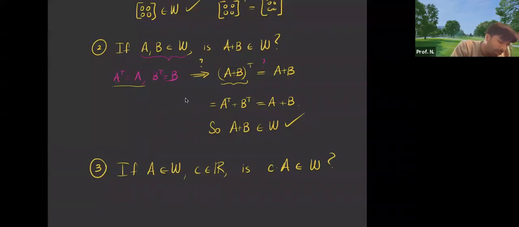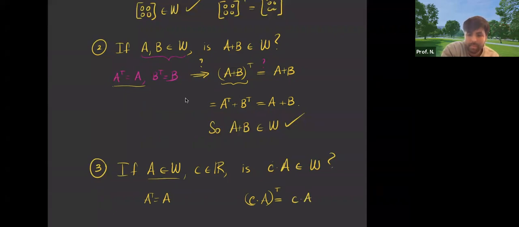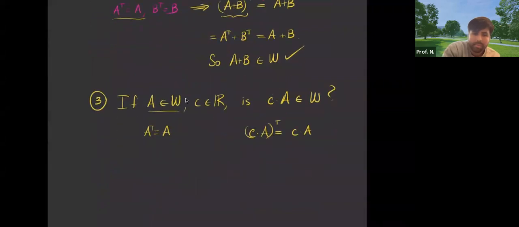If A is in W, then A transpose equals A. So does C times A transpose equal C times A? Well, it does. The transpose only affects the matrix, not the scalar. So this is really the same thing as C times A transpose. But what is A transpose? It's A. So this equals C times A, and this is also in W.